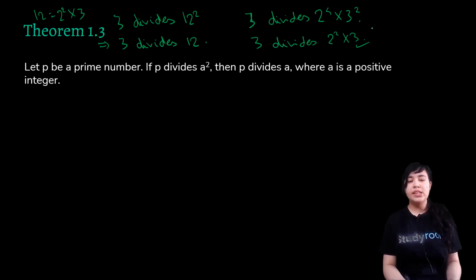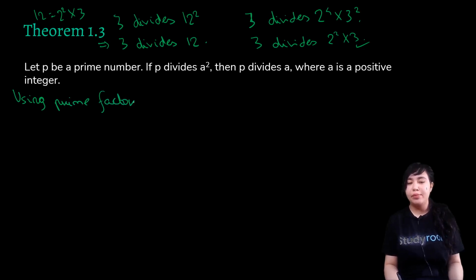Now to understand this, let's consider a as a positive integer, and use prime factorization, the method where you can write any number as a product of its prime factors.